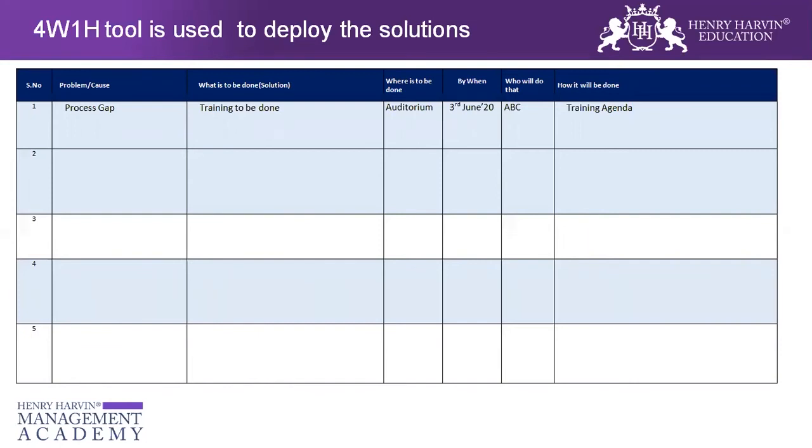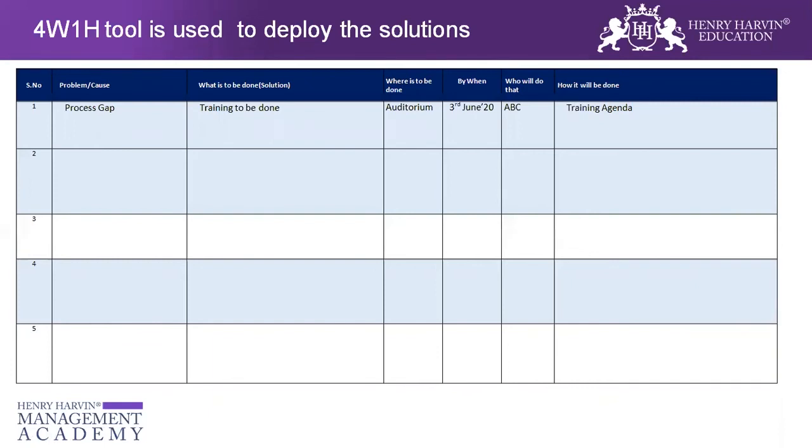It requires a lot of manual work, but with the help of your IT team, you have implemented those applications. In how it will be done, you will have to mention the detailed plan. So if you want to take certain approvals from somebody, if you want to check with the vendors, if you want to take sign-offs, how you will be integrating this solution. So you have to mention in detail how it will be done.